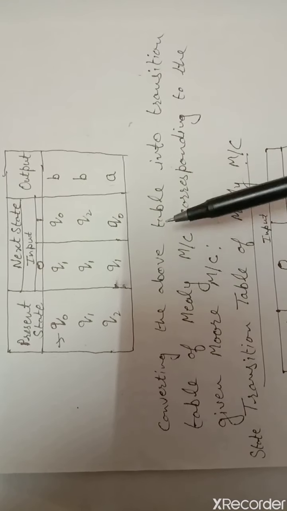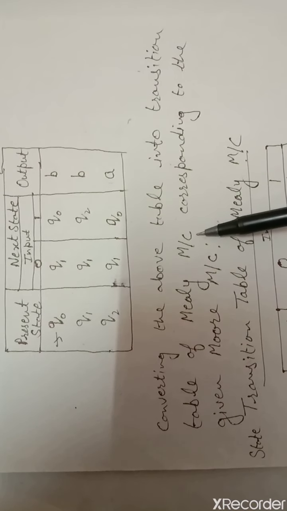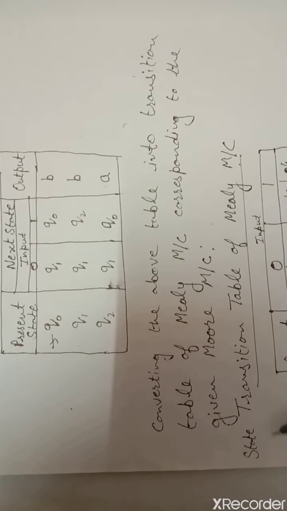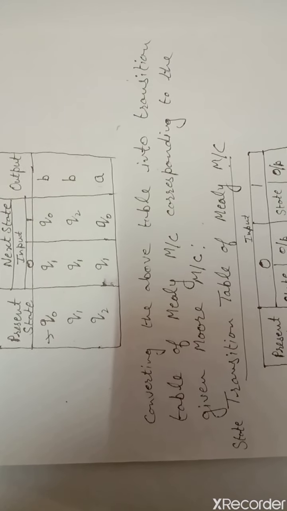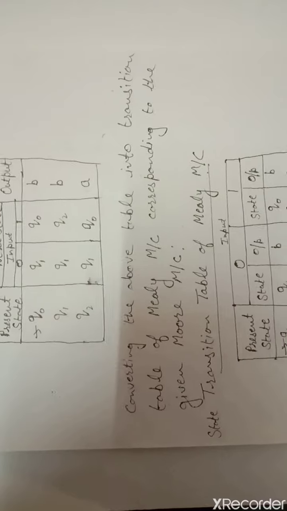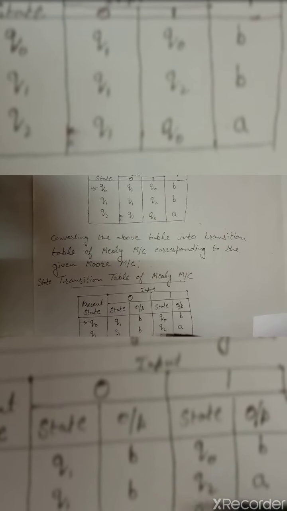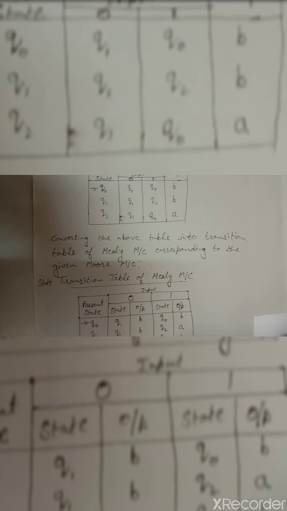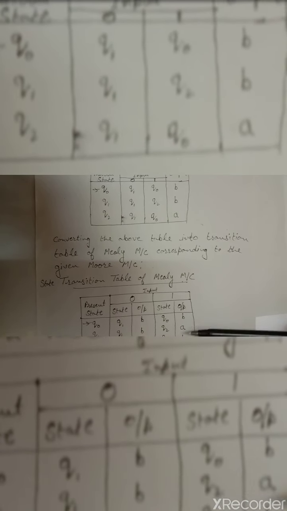Now we convert the above table into the transition table of the Mealy machine, corresponding to the given Moore machine. First of all we draw the state transition table of the Mealy machine, and after that we'll draw the diagram. Now this is the transition table for the Mealy machine. How do we construct this?